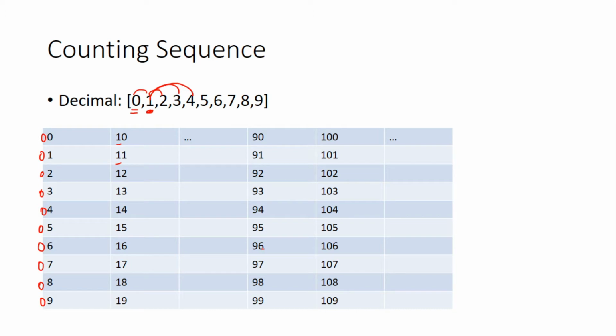After we have exhausted all the permutations starting with 9, so we have exhausted all 2-digit permutations, we move to permutations with 3 digits. So putting 1 here, and then 000, 001, 002, 003, and so on.